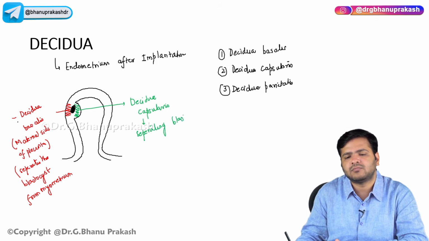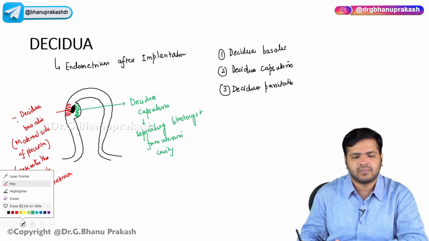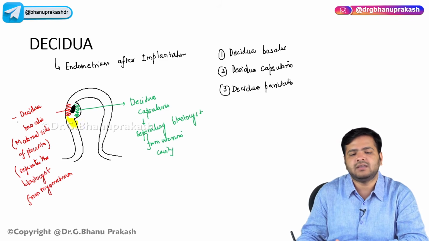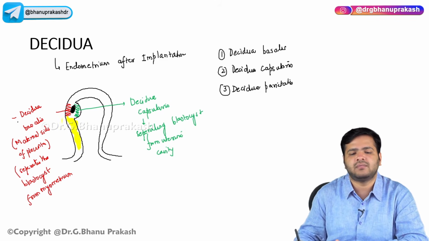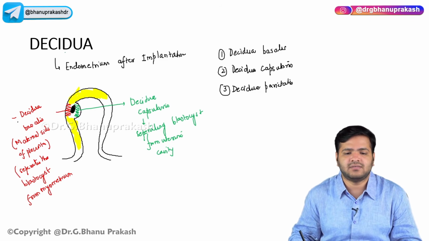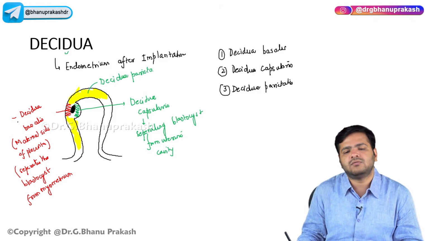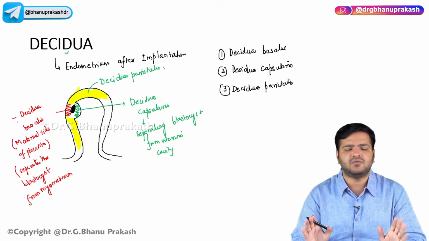And the entire decidua which is surrounding throughout, present everywhere, is called the decidua parietalis, right? So this was all about the decidua that you have to know. Thank you.